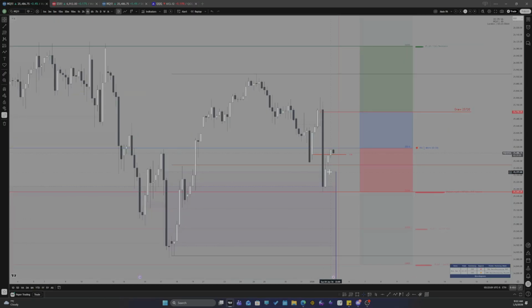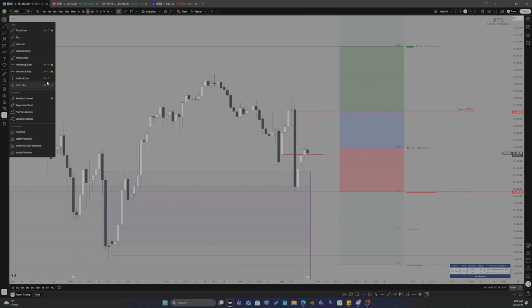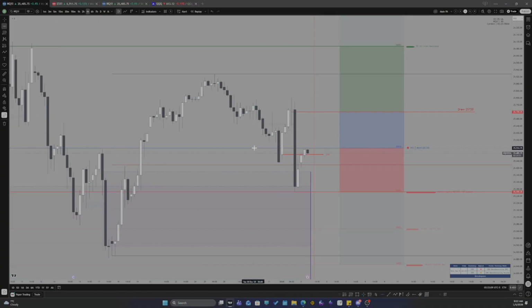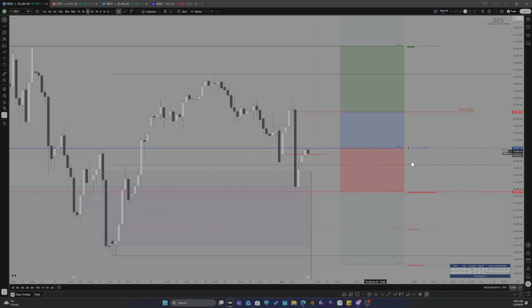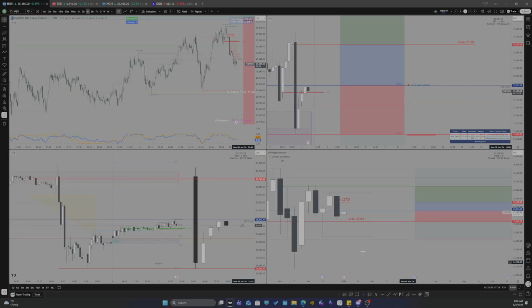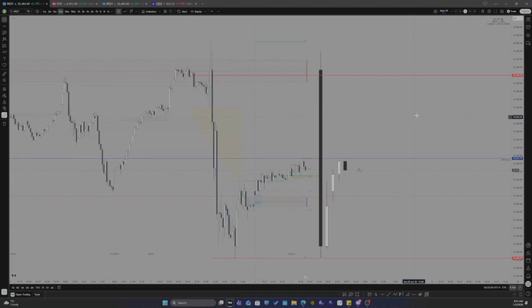Let's mark that out as well. That's a pivot. 25,515. Right. We have that marked as well.